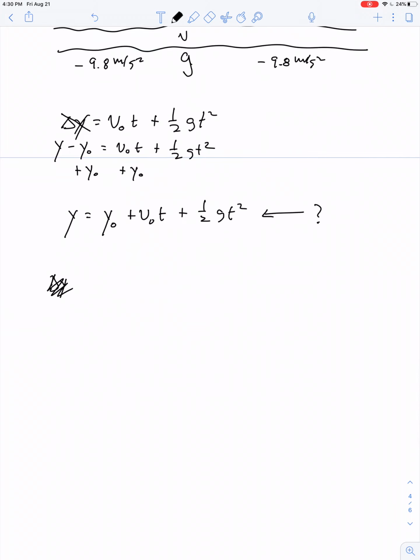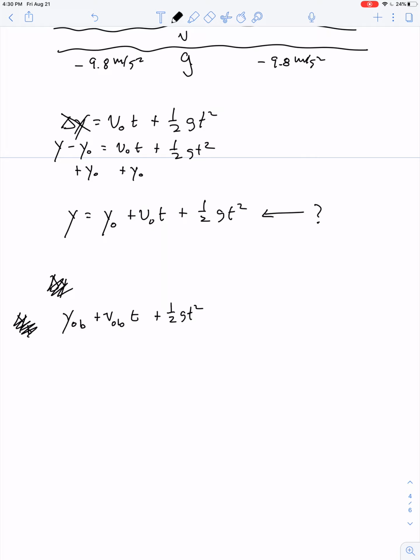So what I want to do is say the initial position of the balloon plus the initial velocity of the balloon multiplied by time plus 1/2 gt squared. That's a valid expression for finding the position of the balloon.